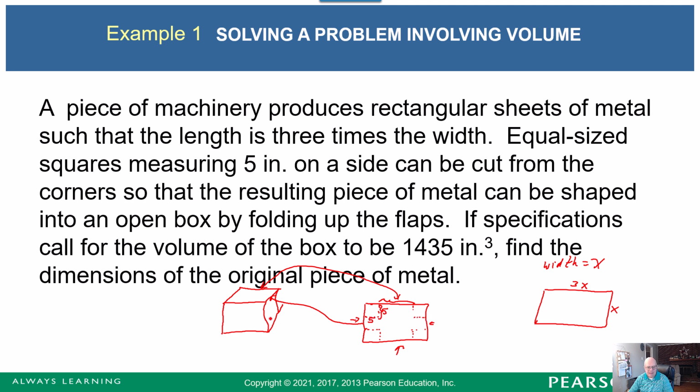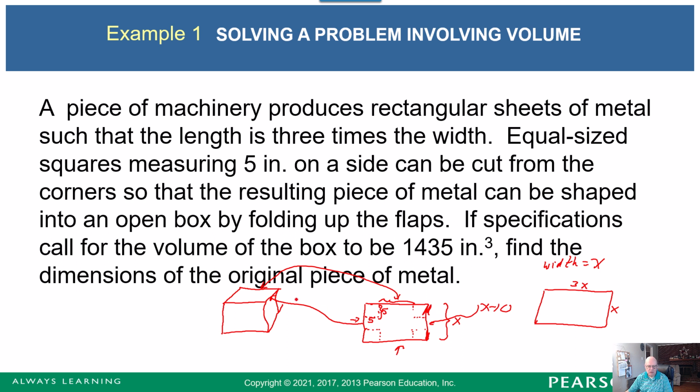So what does this look like? Well, after we cut out this side, let's look over here. This side is x to begin with. We're going to cut out 5 centimeters here, another 5 centimeters here. What's left? What we'll have here is x minus 10, because 5 centimeters are taken off each side.